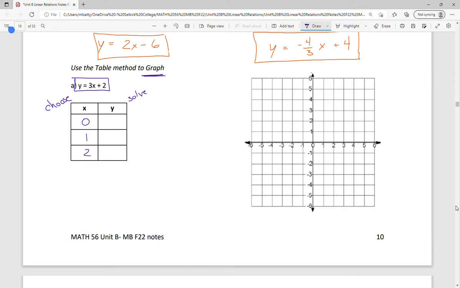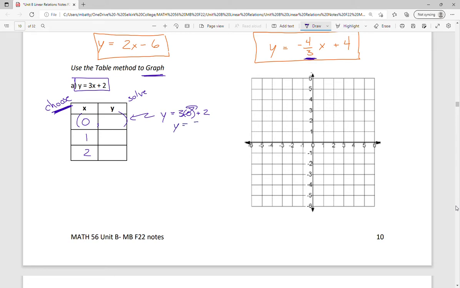If I had a fraction, that's going to change the way I choose things, okay? This one didn't have a fraction as the coefficient, so it's straight up, no big deal. So I'm going to show my work over here. What I'm going to do is complete this ordered pair, solving for y when x is 0. So y would equal 3 times 0 plus 2.